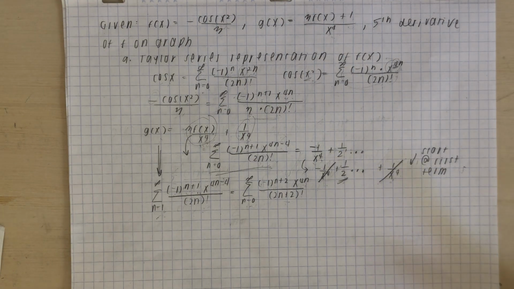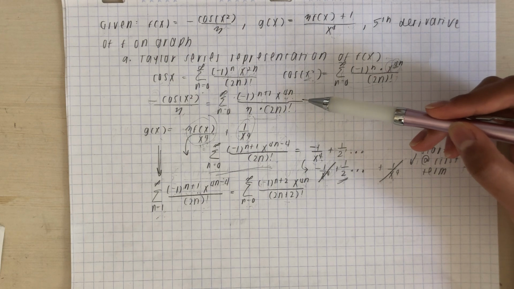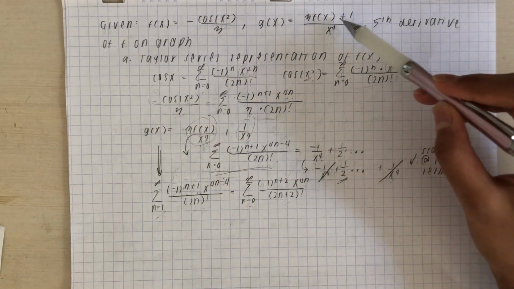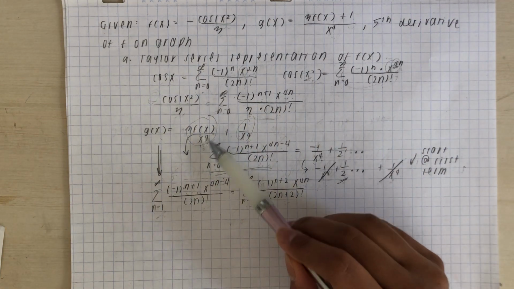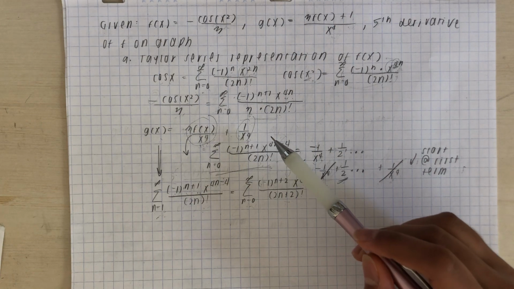Okay, so part A of the problem also tells us to use the Taylor series representation we found here to find the Taylor series representation of g of x. So I split g of x up and wrote it as 3 f of x divided by x to the power of 4 plus 1 divided by x to the power of 4.